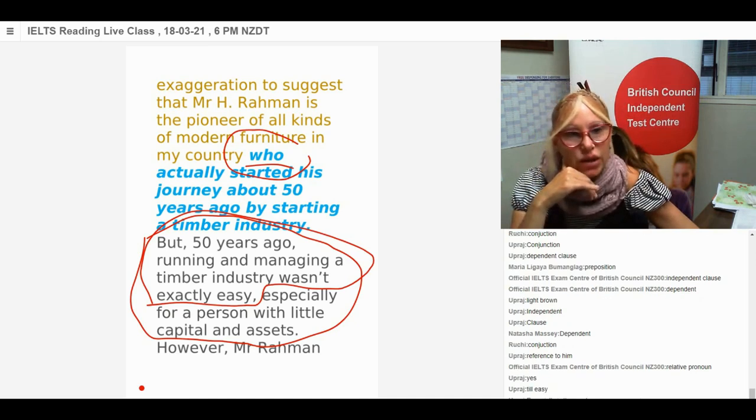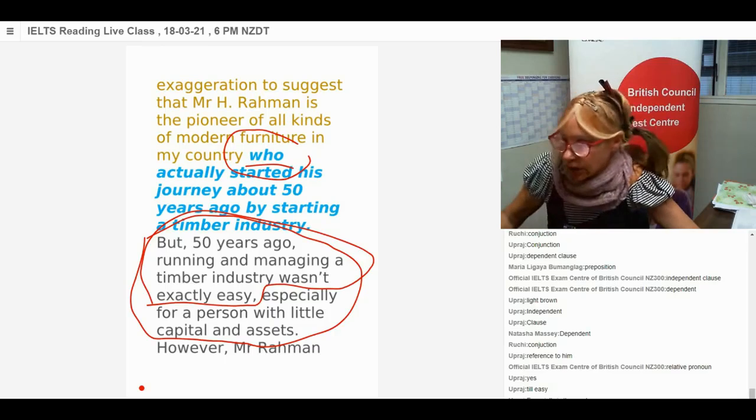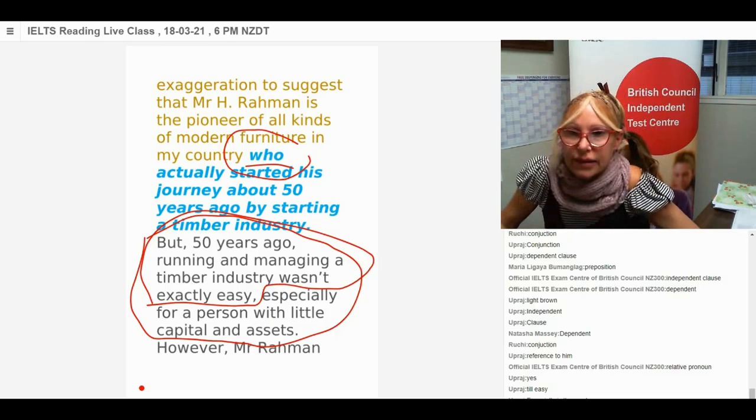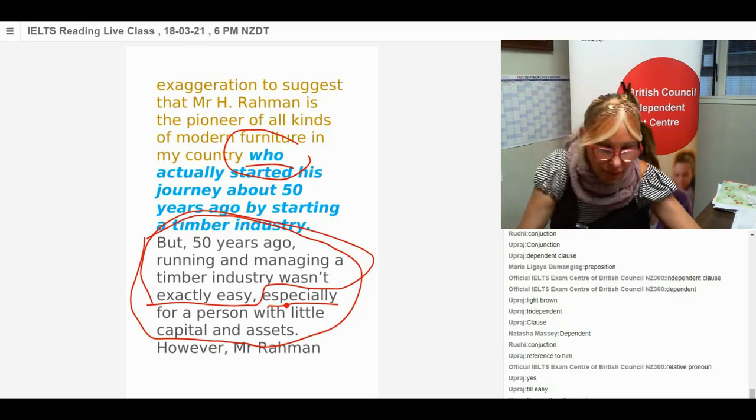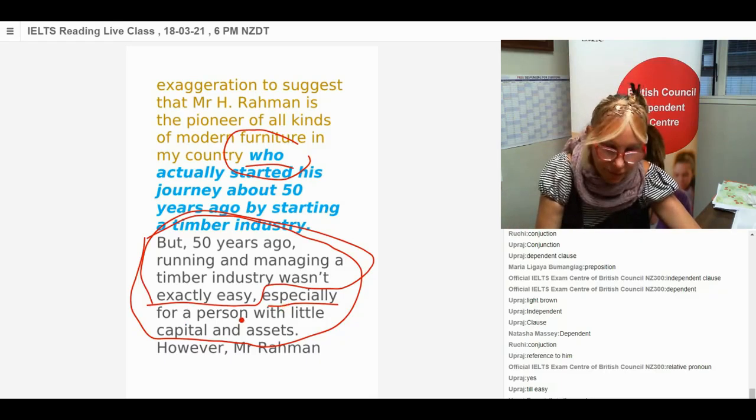Yes, especially is the word. Okay, so you can see that even words like this can be used as subordinate conjunctions. So this part of the sentence cannot stand on its own, especially for a person with little capital and assets. So can someone tell me what a dependent clause does?